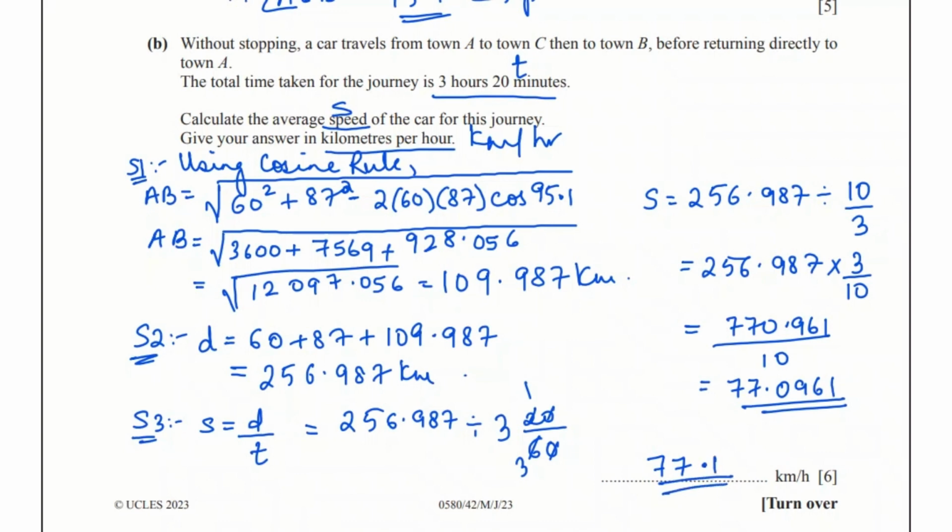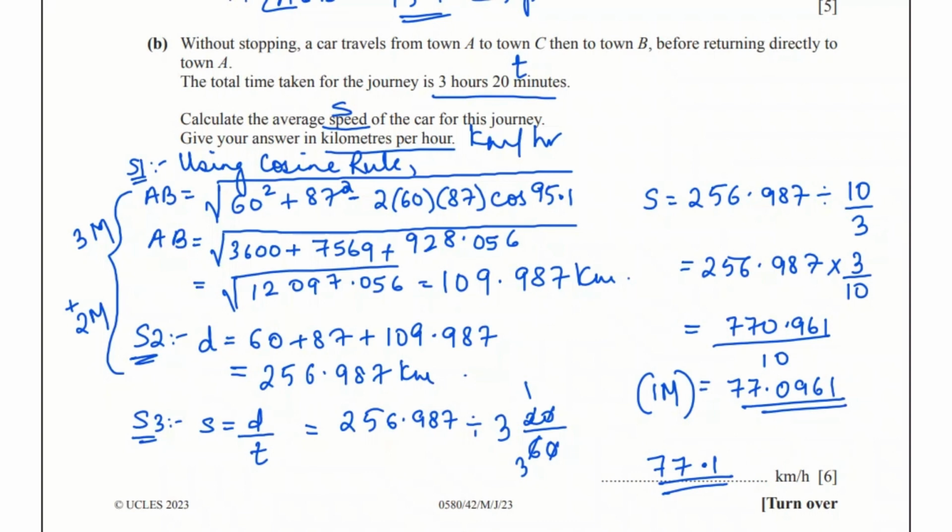It's for 6 marks. This complete calculation carries 3 marks, this lower one plus 2 marks, that is 5 marks, and this calculation of speed is for 1 mark.